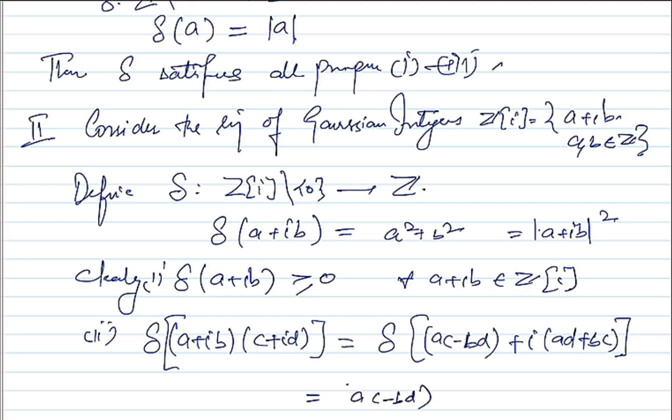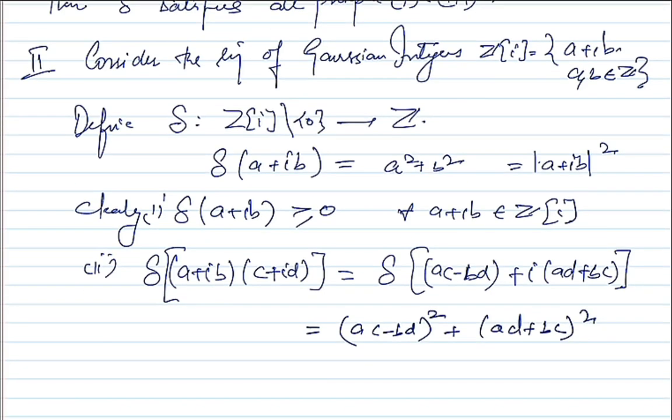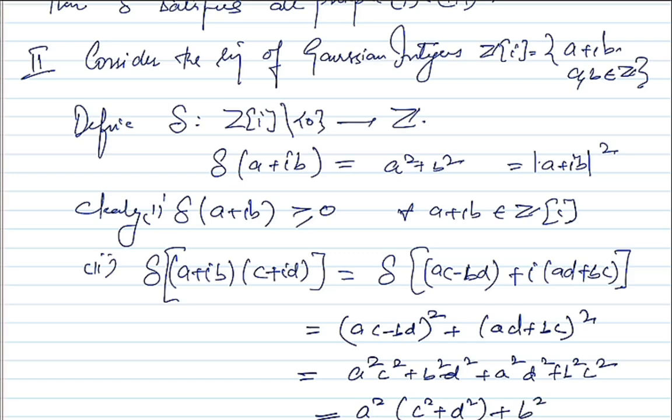So ac minus bd whole square plus ad plus bc whole square, and if you expand it, it will be a square c square plus b square d square plus a square d square plus b square c square. The rest will cancel. So you will get a square times c square plus d square plus b square times c square plus d square. This is a square plus b square times c square plus d square.